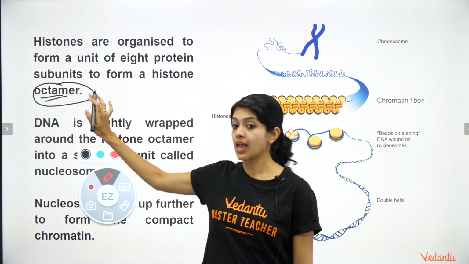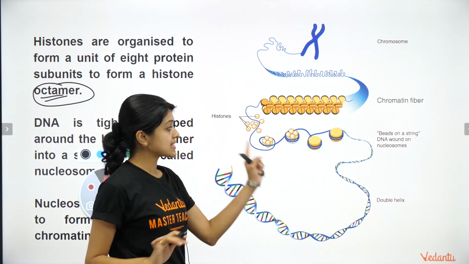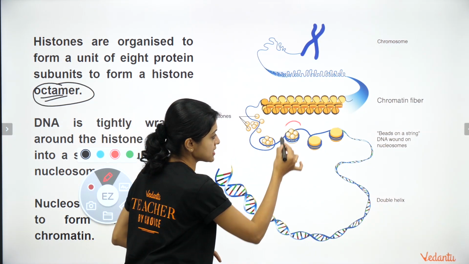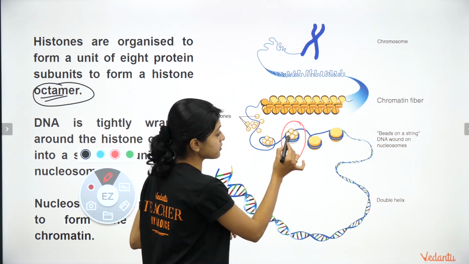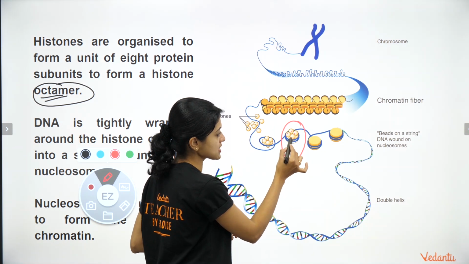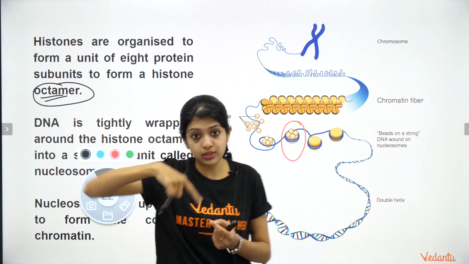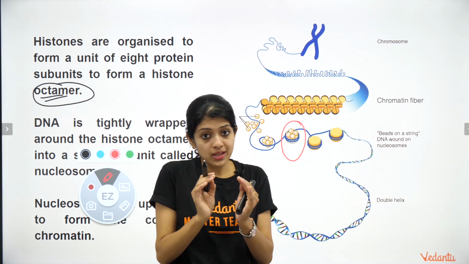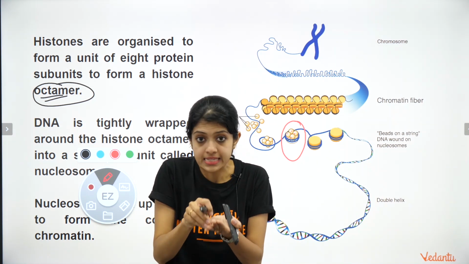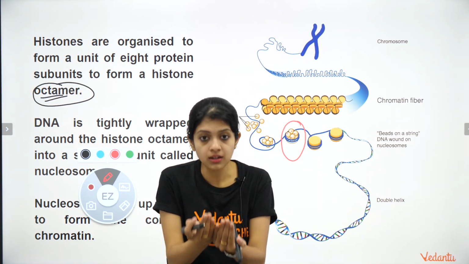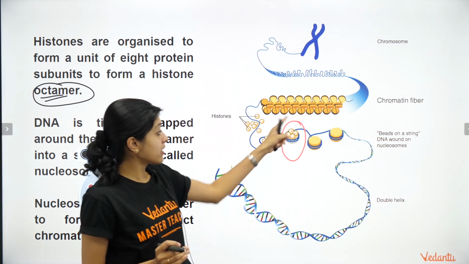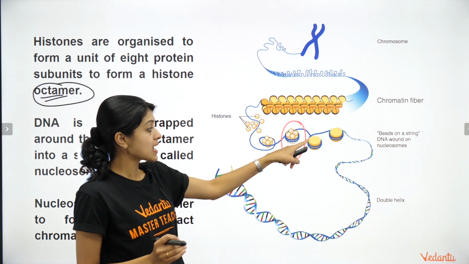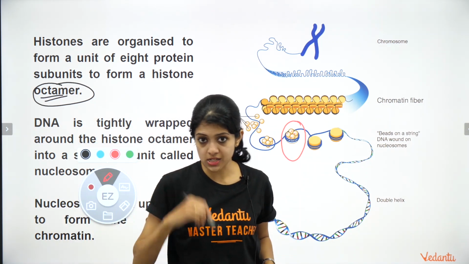Just remember that histones, now if you look at it in this particular picture, this is what I am talking about, this structure. You see those individual tiny beads there, right? There are in fact 8 of them, 8 subunits, 8 small beads arranged together to form the histone protein complex, and it is around this complex that the DNA is wound.